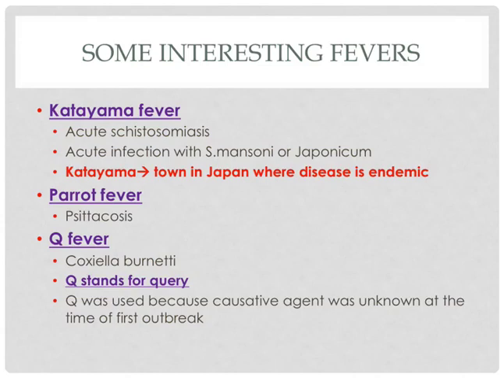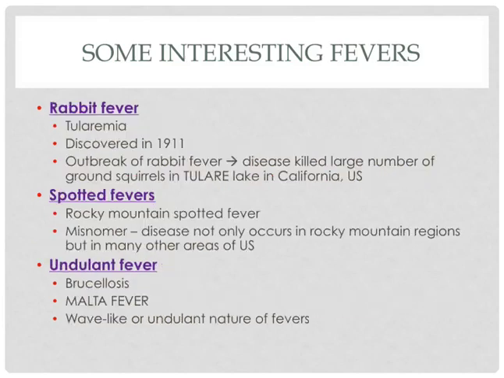That's why it's called Katayama fever. Parrot fever, psittacosis. Q fever, this was very interesting because I never knew why it's called Q fever. The Q stands for query, and it was used because back in the days when they described this fever, they just didn't know what caused this. So Q stands for query, and it's Coxiella burnetii, we all know.